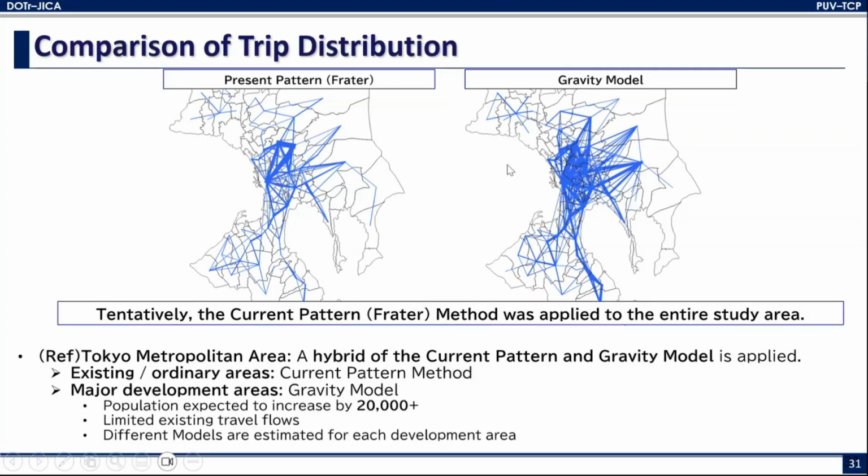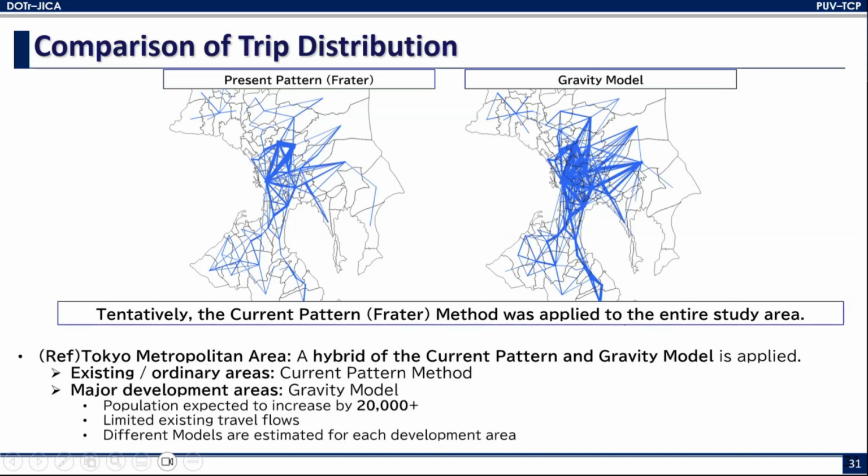On the other hand, if the gravity model is applied for the trip distribution, the trips, for example, don't go to the current city center and instead go in various directions.